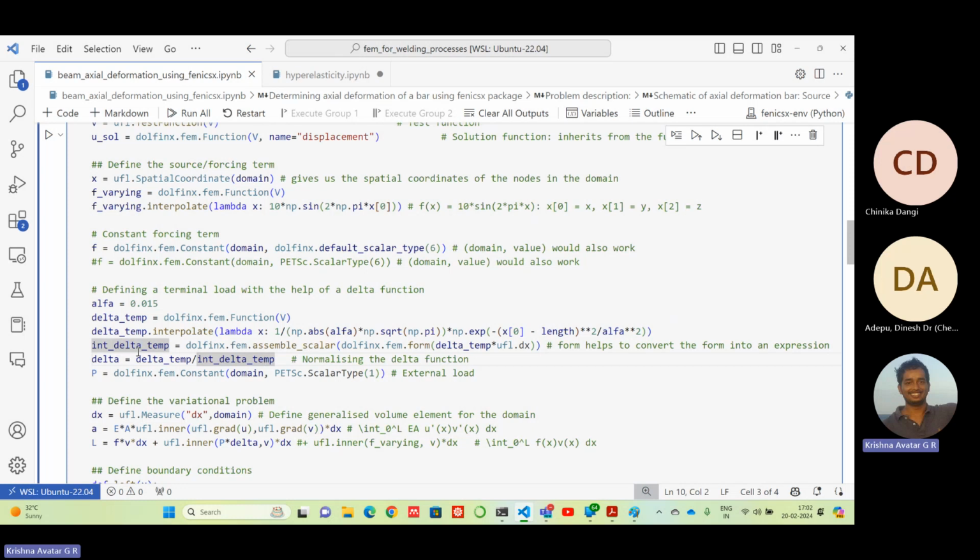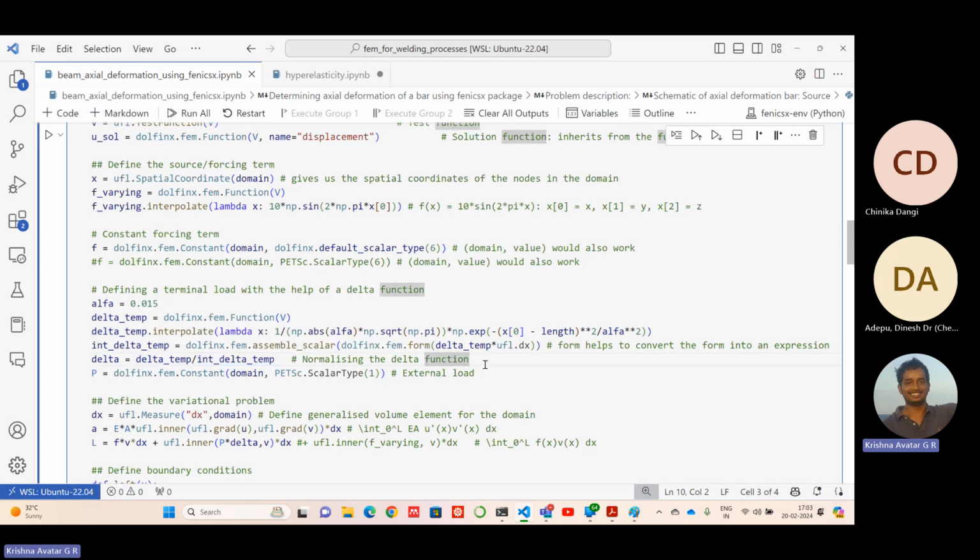Then we integrate this expression over the entire domain, and divide our delta temporary by that integrated value so as to normalize the delta function.